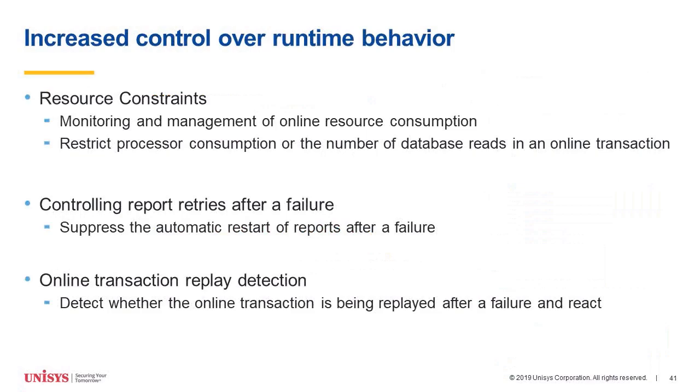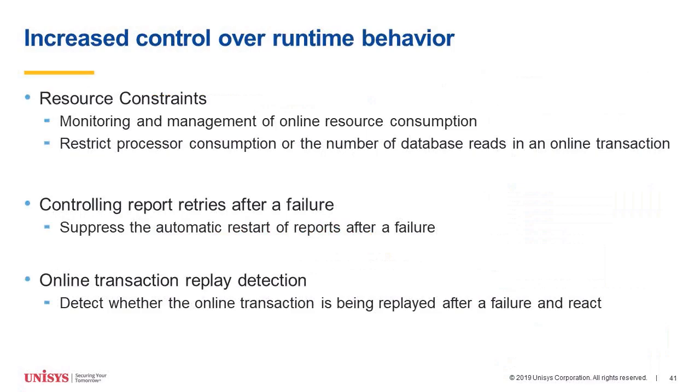Similarly, on reports, users have requested the ability to control whether or not you get an automatic restart of a report, and now this is controlled from within the language. From within the method, you can set a value that says whether you want to be notified of failures.